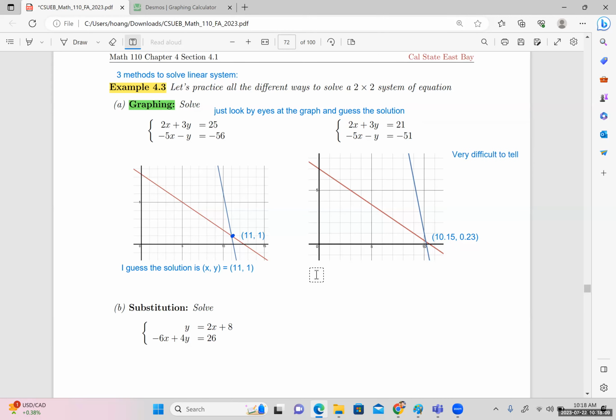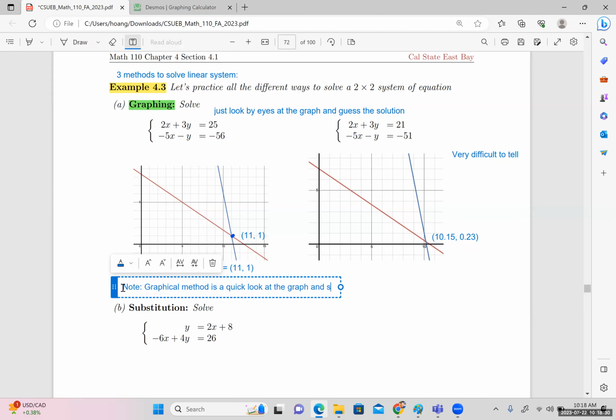So note that the graphical method is a quick look at the graph and guess.